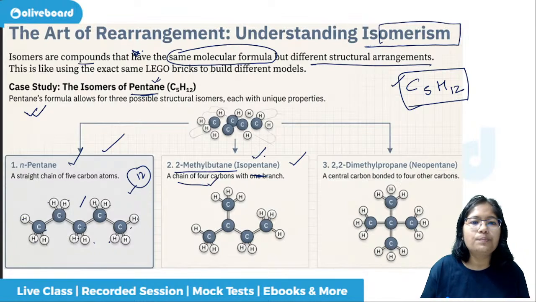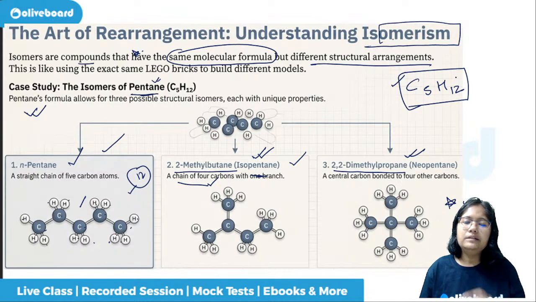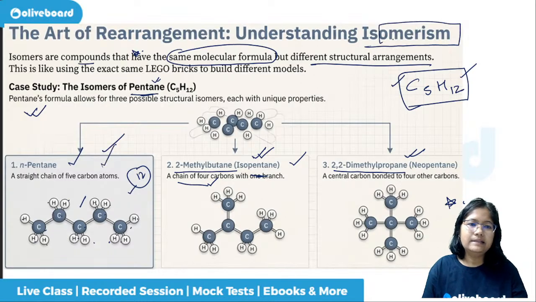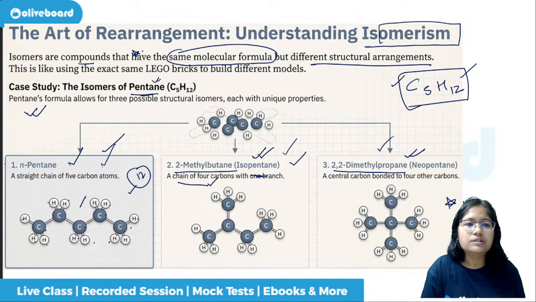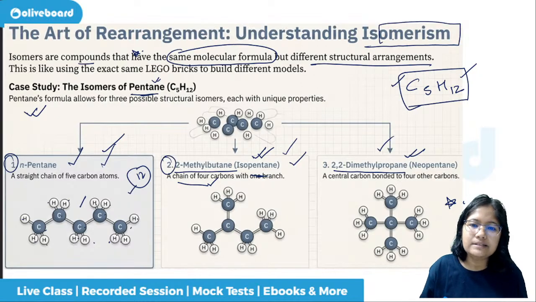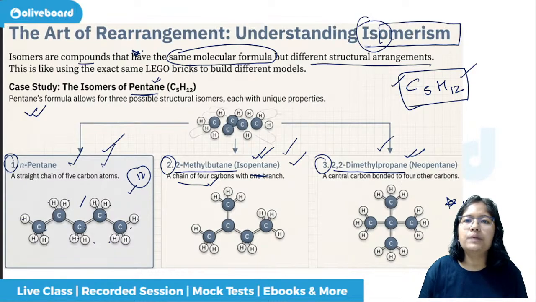It can be isopentane style, or neopentane style. They can exist like this also, and like this also. So they have different styles of how they exist, different styles of how they form the bonds. This is known as isomerism.